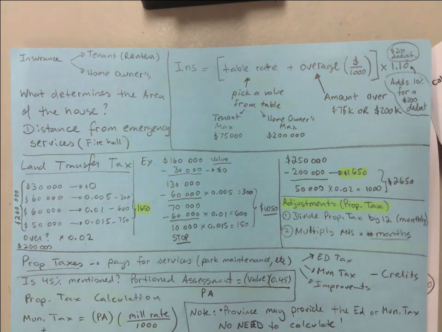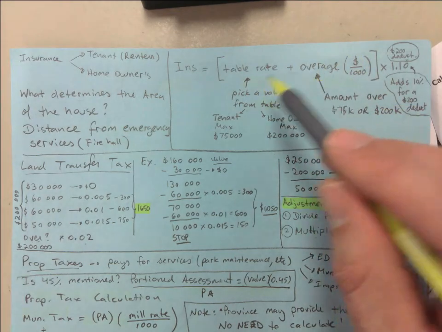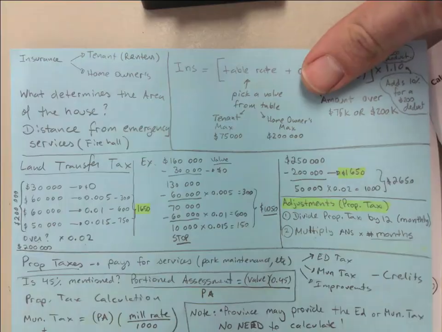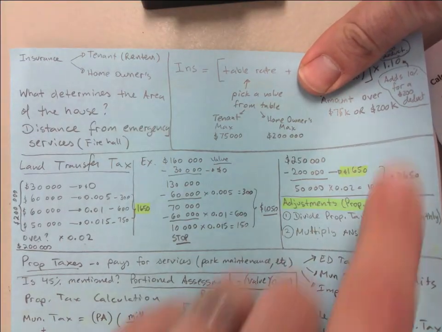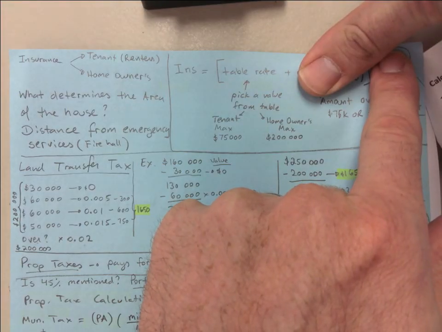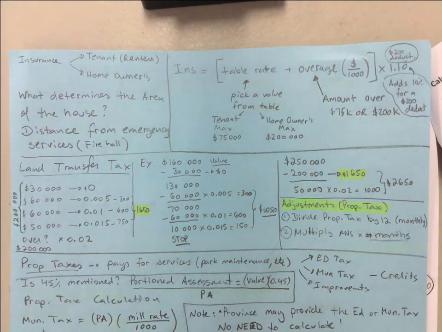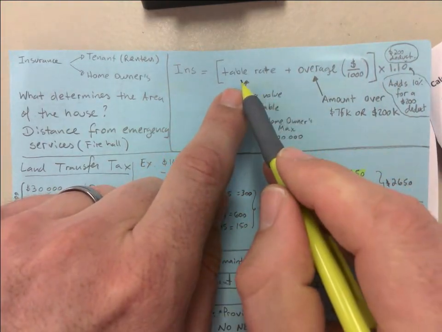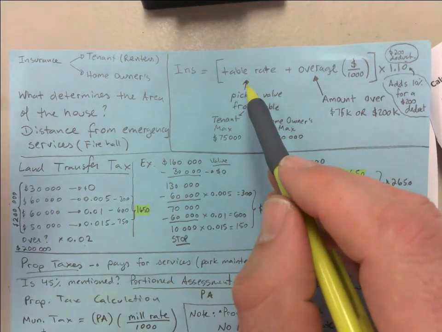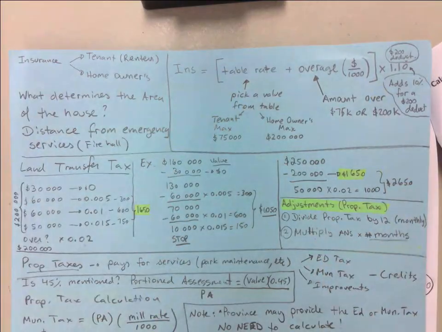Activate overage, right? If you're staying under 75,000, this completely disappears. And if it's a $500 deductible, that disappears, right? So you're basically just grabbing a number from the table. Home insurance, if you're going over 200,000, you have to activate this part right here. Okay, so you remember that.